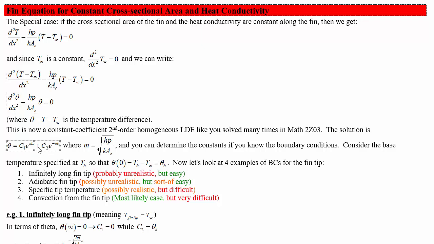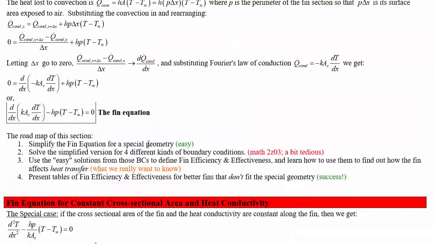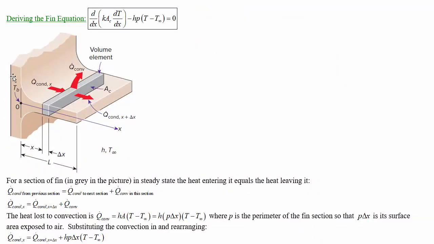To solve for those coefficients, what you need to know are some initial or boundary conditions. We're always going to use that T at the base is T_B, a constant in steady state and uniform over the base. So theta at 0, the x coordinate of the base of the fin, is theta_B.